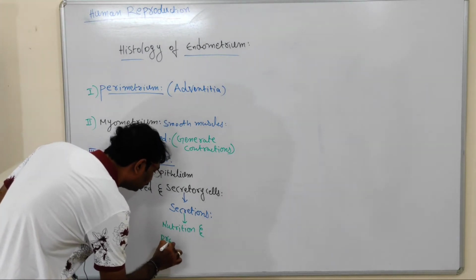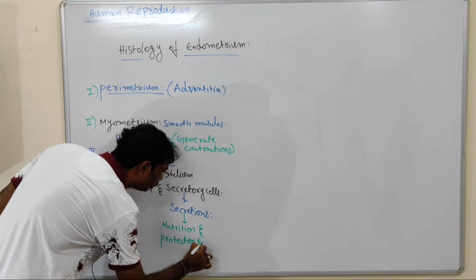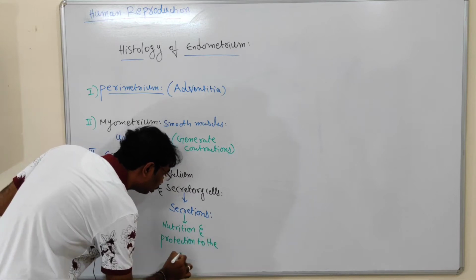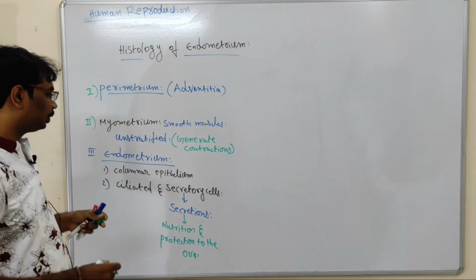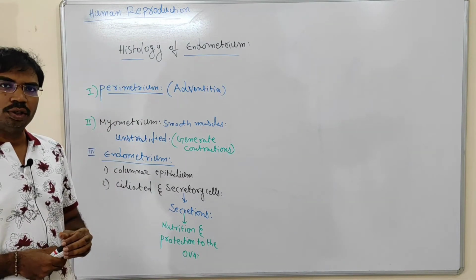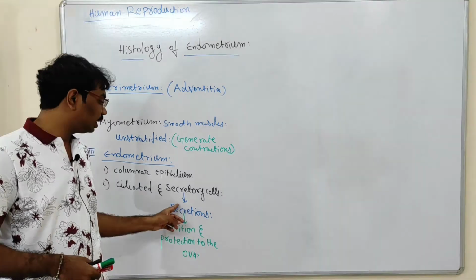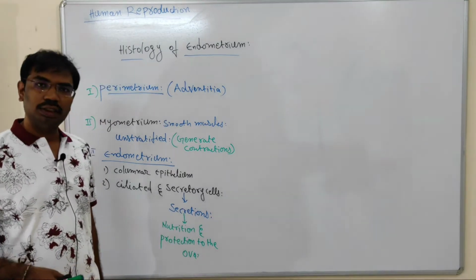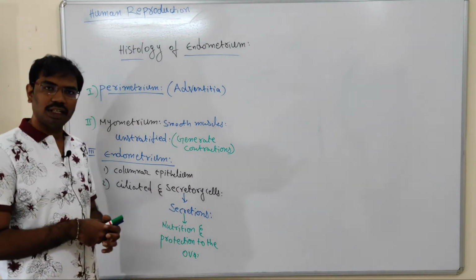They provide nutrition, and at the same time they provide protection to the ova. That is the significance of the secretory cells.